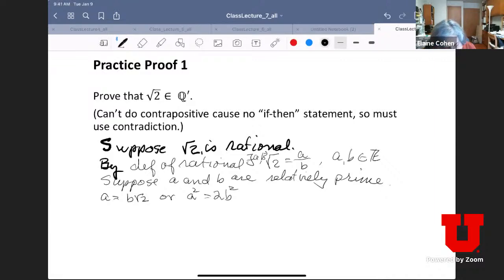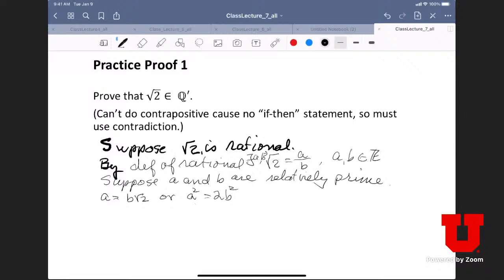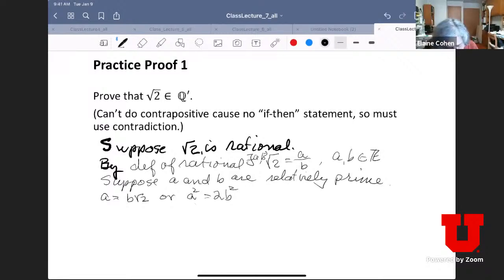Tuesday, we showed that there do not exist integers a and b that are relatively prime such that a squared is equal to 2b squared. And so we could just cite that, but if you want, we can redo that proof through this one. Which do you want to do? Redo. Let's redo it. Redo it? Okay.